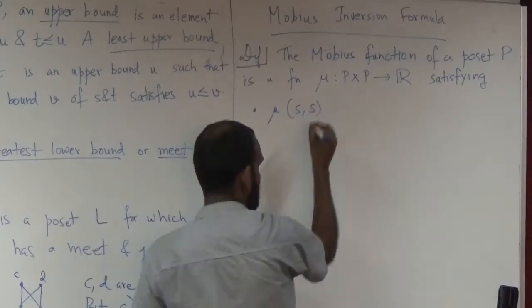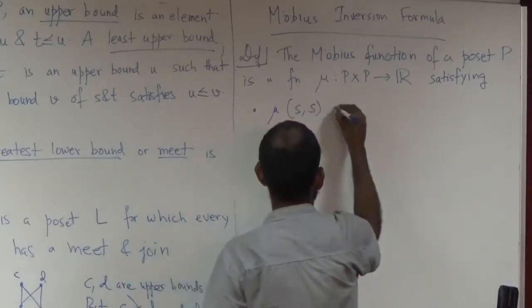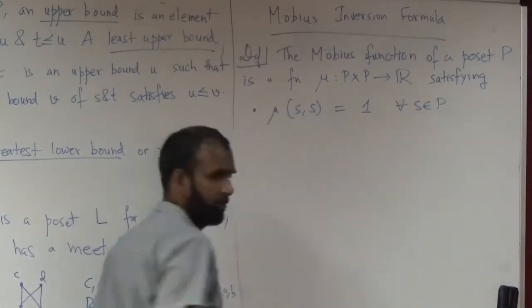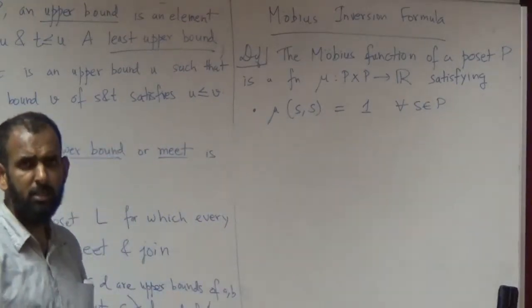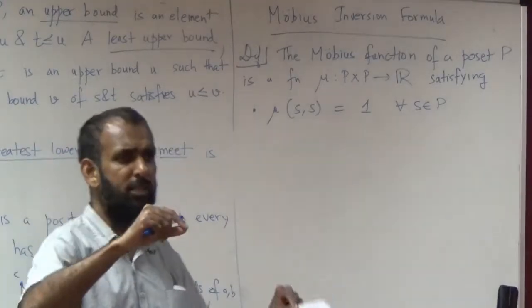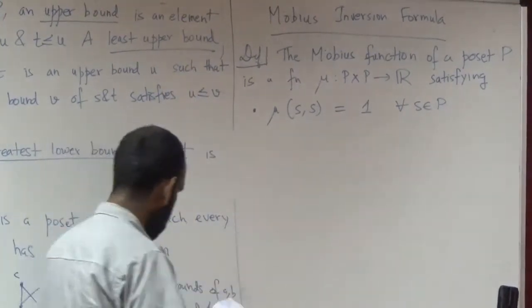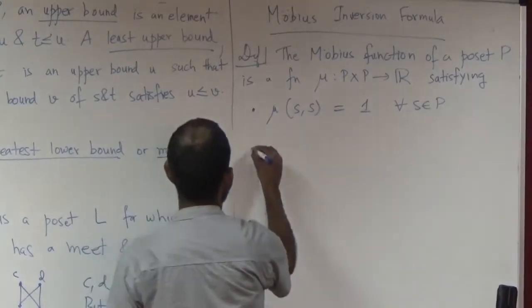Mu of S,S is 1 for all S in P. Okay, it takes two arguments. The way you should think about this is the left argument should be less than the right argument. That point will come in a second.